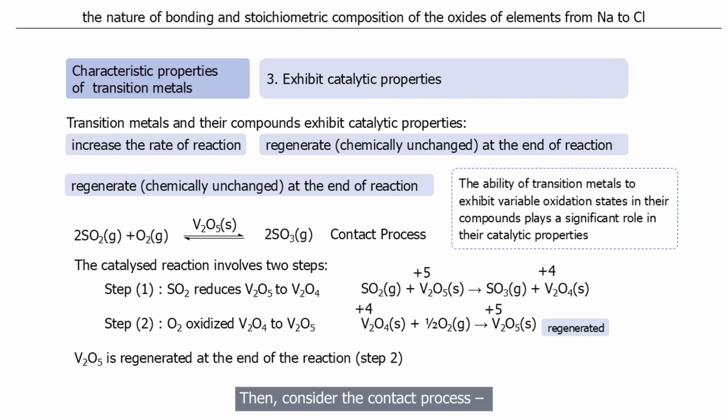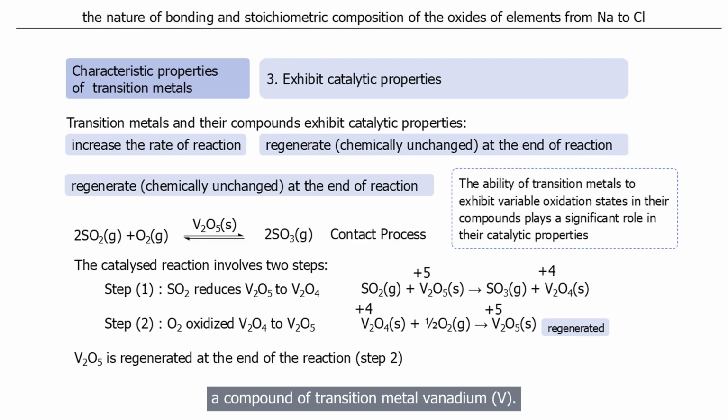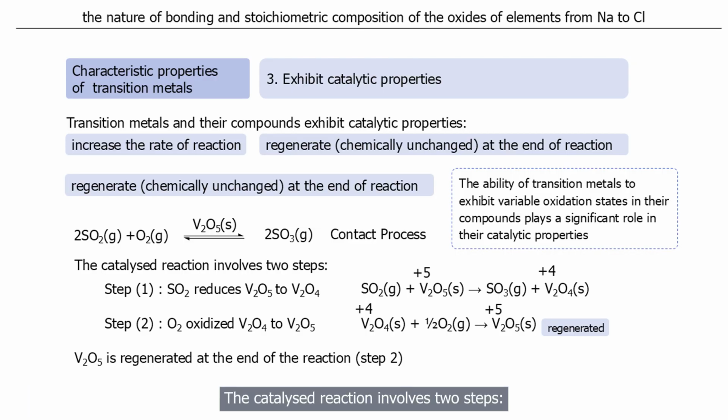Then, consider the contact process. Oxidation of sulfur dioxide to sulfur trioxide catalyzed by vanadium 5 oxide, a compound of transition metal vanadium. This reaction helps us understand the meaning of catalyst are regenerated at the end of reaction. The catalyzed reaction involves 2 steps.